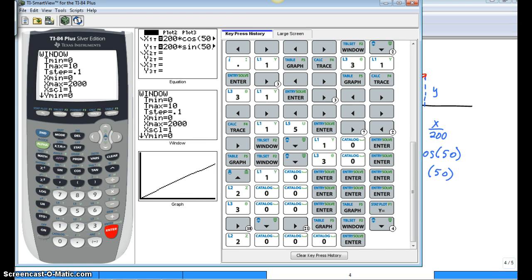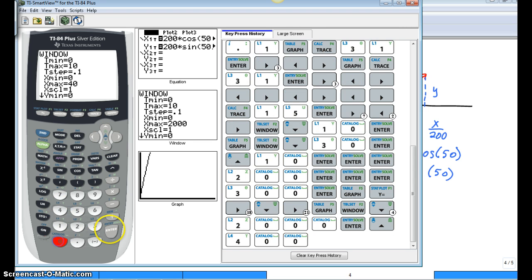I'm not changing anything else. I want to see where we're at. You can see that we're still only seeing the left side of our graph. So 2000 still isn't quite enough. So let's go 4000 and see what happens. Still not enough, because we're still seeing our graph go up, but we're not seeing it come down. So we'll go to 5000.